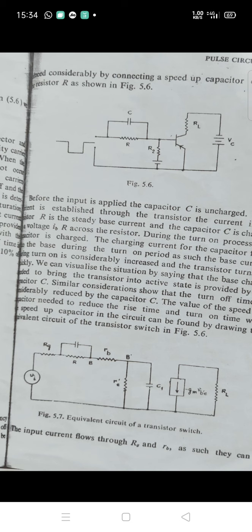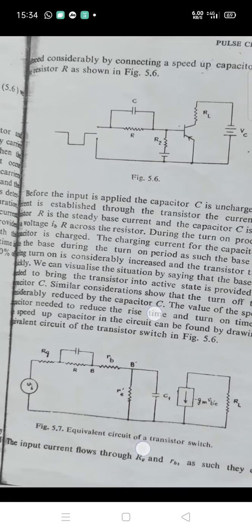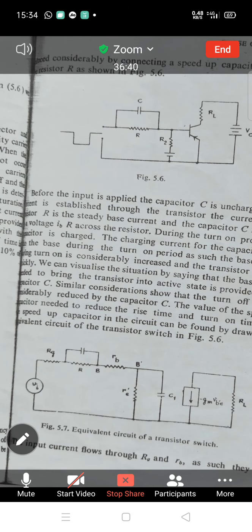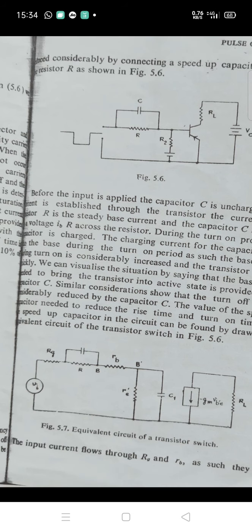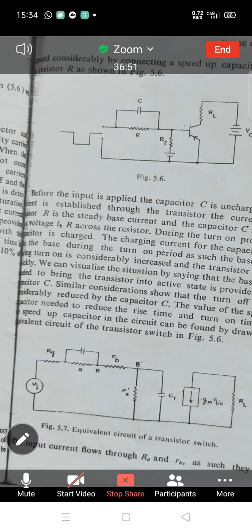So this same circuit can be drawn again in a more modified and simplified form. That I will show you.